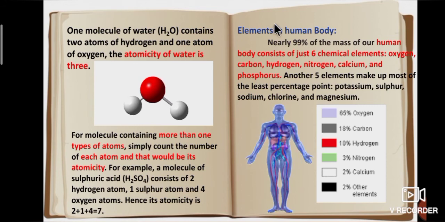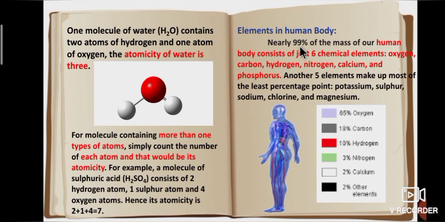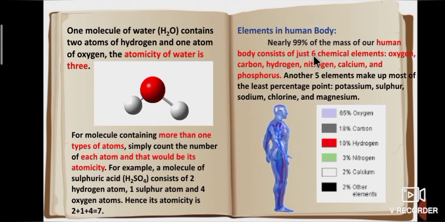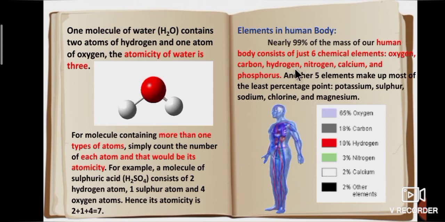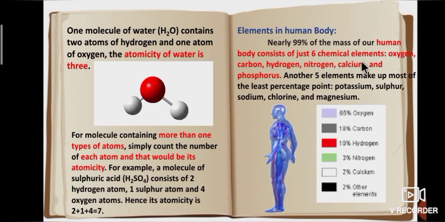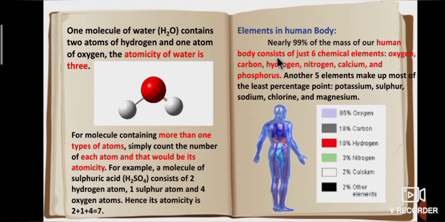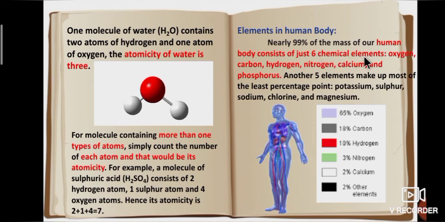Next, we are going to learn about elements in the human body. Nearly 99% of the mass of our human body consists of just 6 chemical elements.